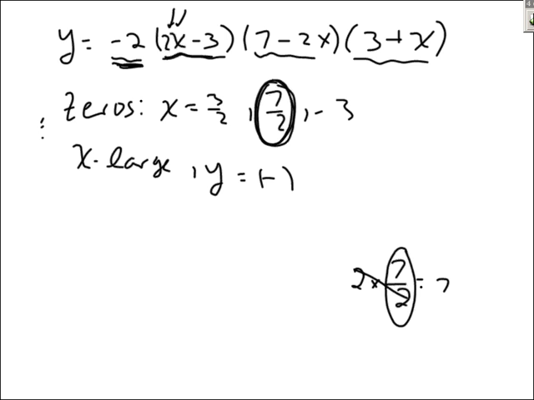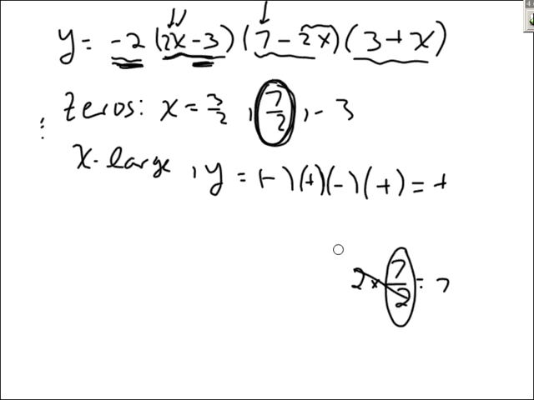And if 2x is more than 7, when you take away 3, you'll have something left over. If 2x is more than 7, 7 take away more than 7 will make you negative. And if it's 3 and you add more than 7, you'll be positive. The overall answer is positive.